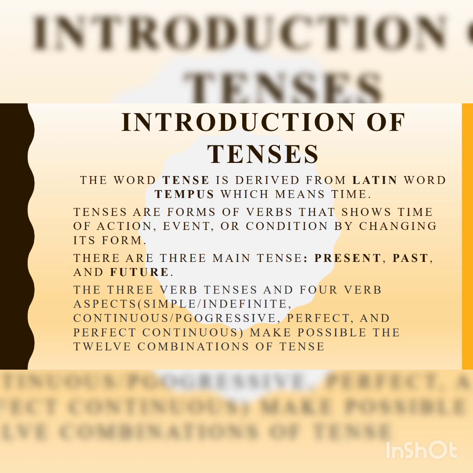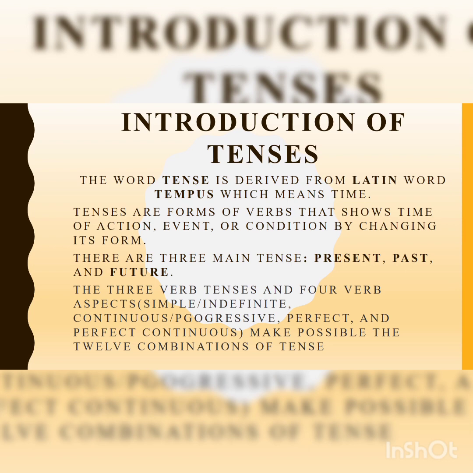So, introduction. The word tense is derived from a Latin word tempus, which means time. Tenses are the forms of verbs that show time of action, event or condition by changing its form. So there are three main tenses, as you know: the present tense, past tense and the future tense, and they have four verb aspects.